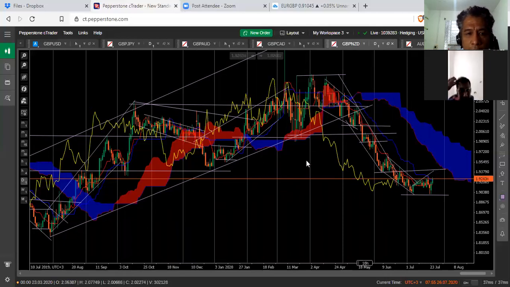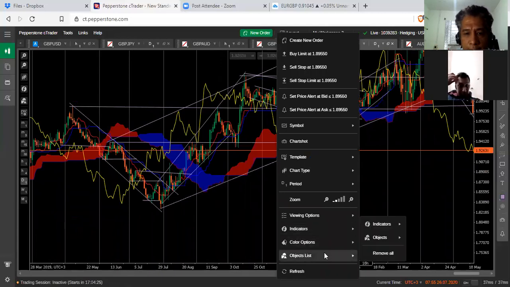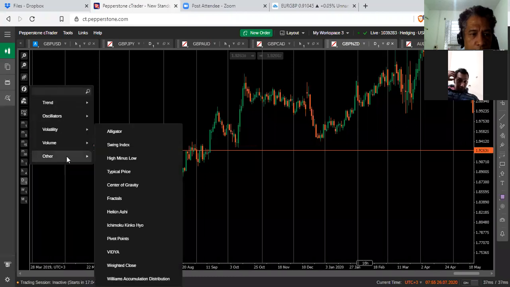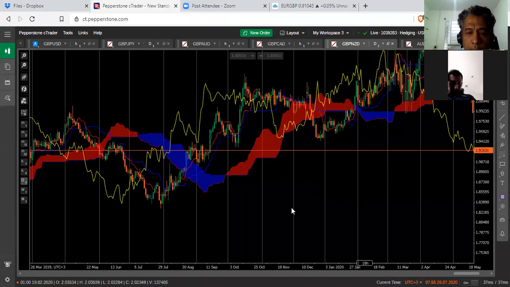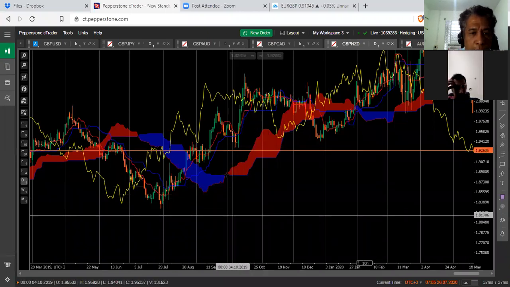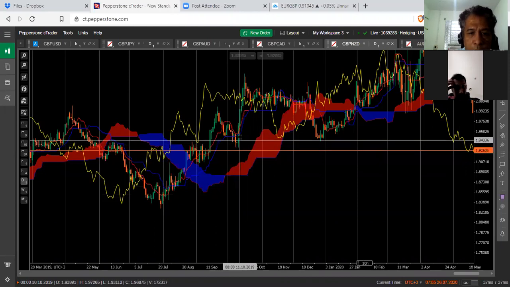And not only that, if I'm going to erase all my trend lines, I'm going to show something about Ichimoku. That's why Ichimoku is called "at one glance," because using Ichimoku you can quickly look at the support and resistance.